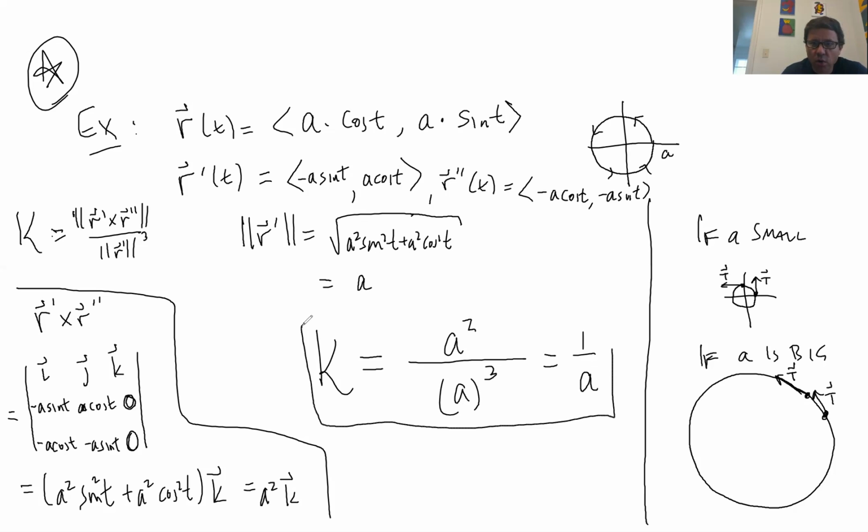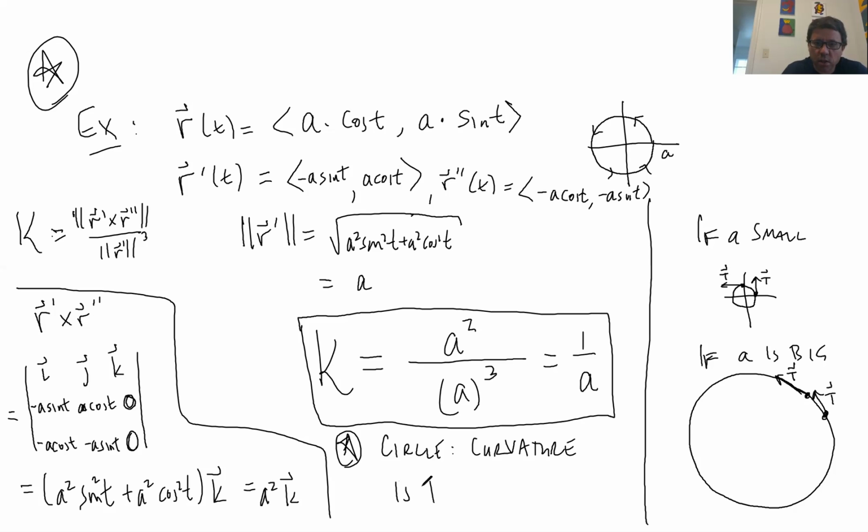So for a circle, here's the star thing to stick in your head and remember: the curvature is equal to the reciprocal of the radius. So if you have a small radius and you take the reciprocal, the curvature gets big.